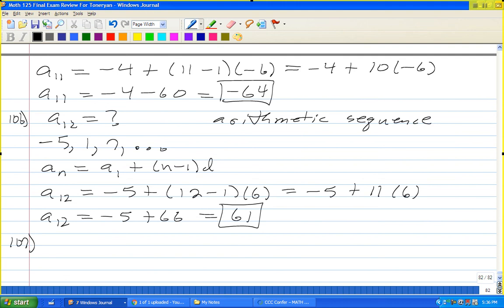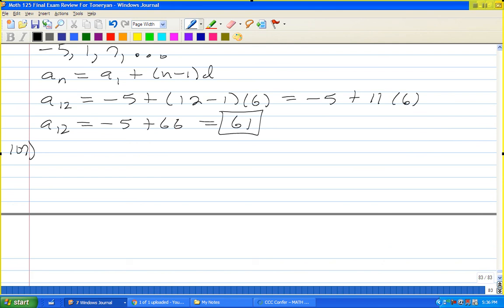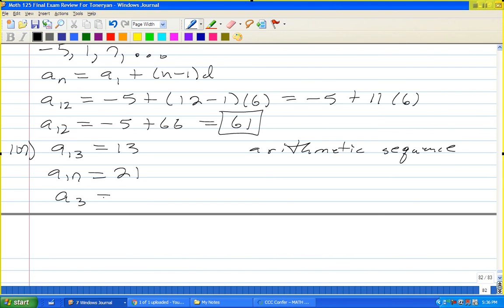Problem number 107. If the 13th term of an arithmetic sequence is 13, and the 17th term is 21, find the third term. Okay. So, again, I know the formula for the general term of an arithmetic sequence.